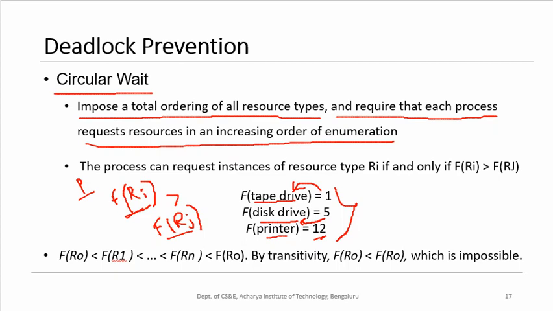Let's say P is holding a tape drive. So what is f of tape drive? It is equal to 1, and it is making a request for a disk drive. So f of disk drive is 5, which is greater than 1. Therefore the process P is allowed to make such a request. Now we'll have to see whether this prevents circular waiting.